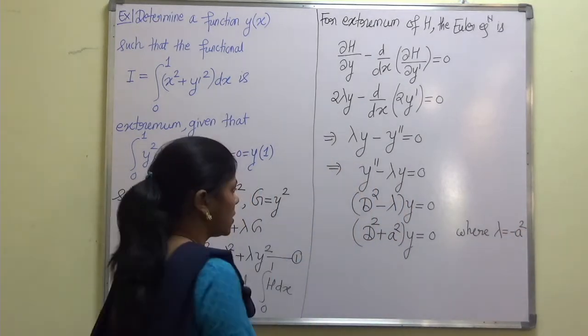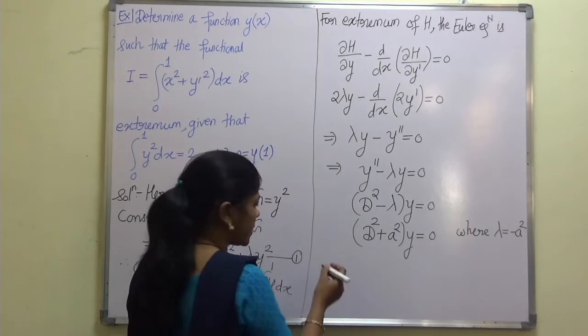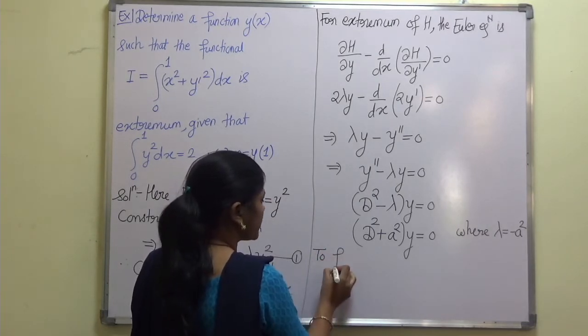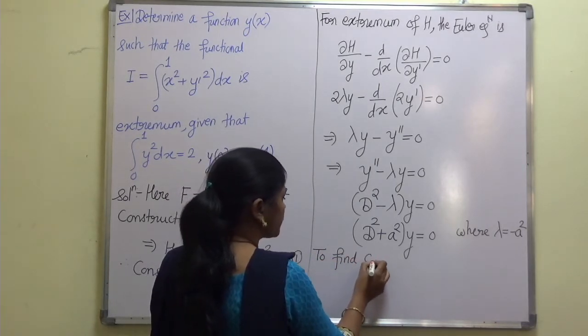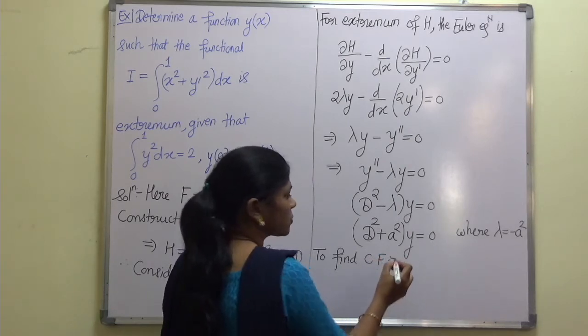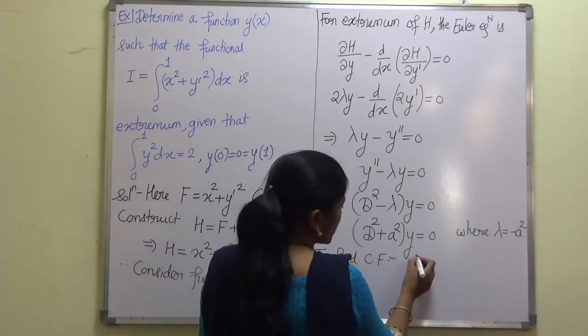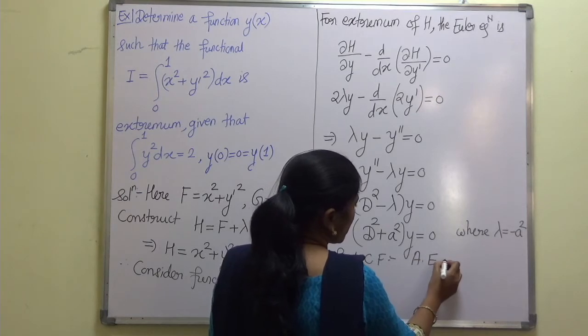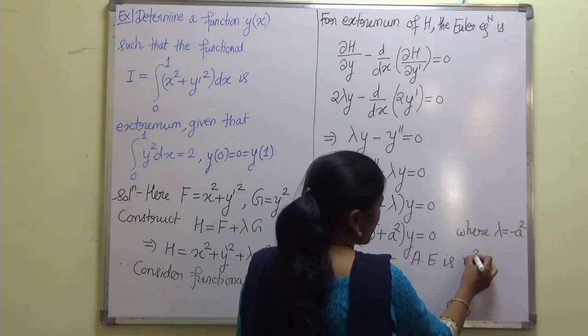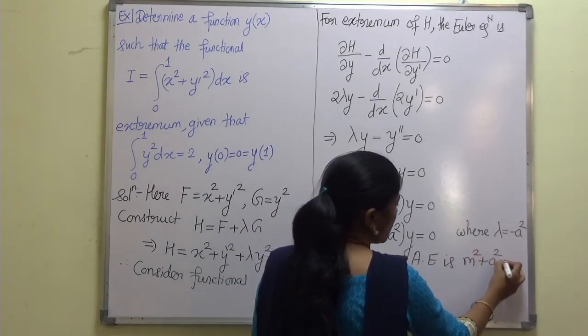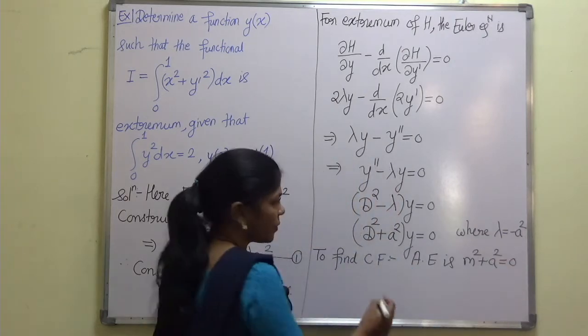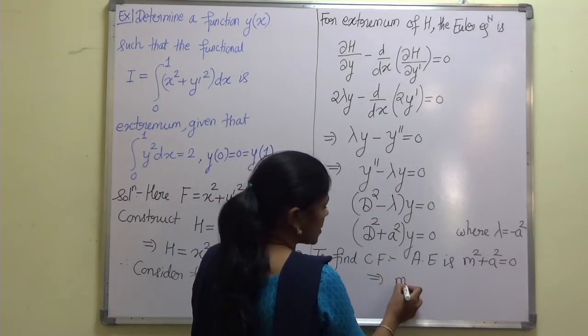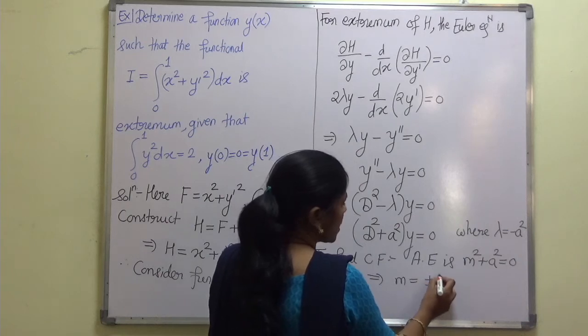Now simplify and find the solution of this. To find the complementary function, an auxiliary equation is required, which is given by m square plus a square equal to 0. This implies m is equal to plus minus i a.